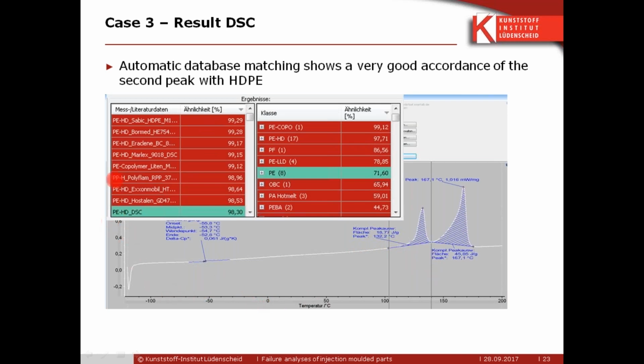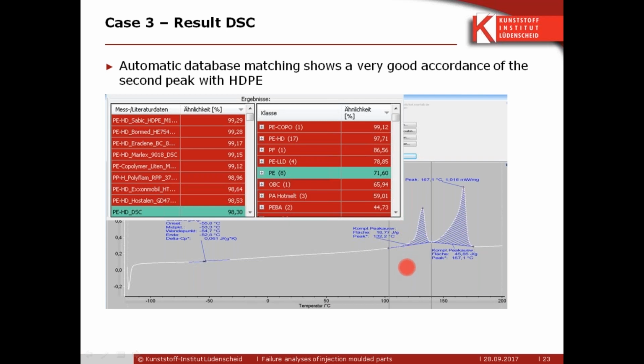For this, we used the Identify option of Proteus, and we just picked this peak. This was the interesting one for our customer, and we did an automatic database matching. As you can see, we have a very good accordance, a similarity with high density polyethylene.